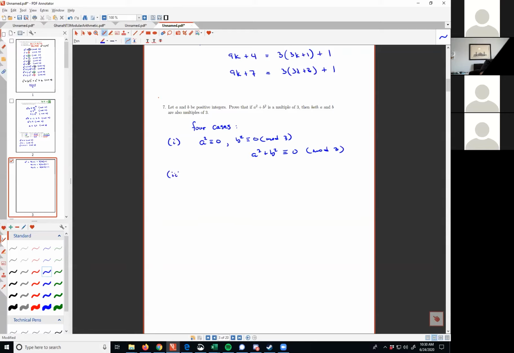What's another case? a squared is equal to 1, b squared is equal to 1 mod 3. That means a squared plus b squared is equal to 2 mod 3. Okay, any other cases?